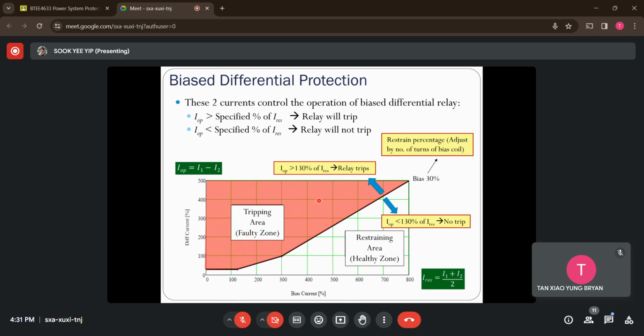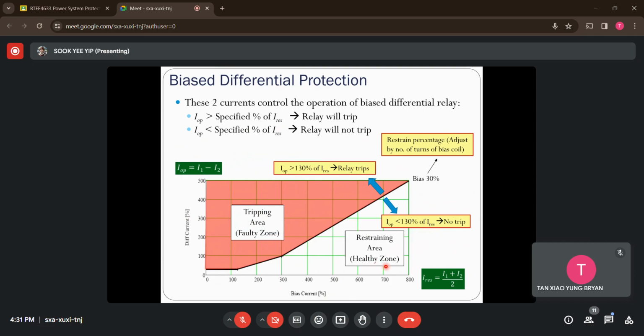So if the measured current is higher than this line and fulfills this situation, the bias differential relay will start to trip the transformer. On the other side, if you refer to this bias line again, if the measured operating current is lesser than 130% of the restraining current, you fall into the healthy zone.